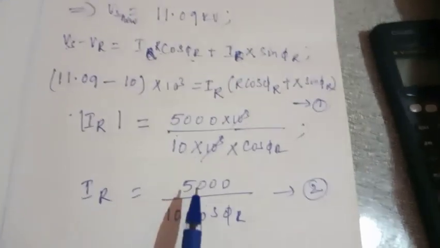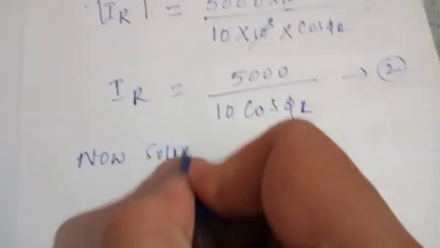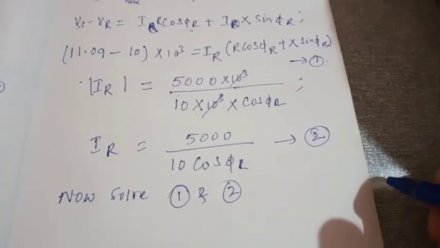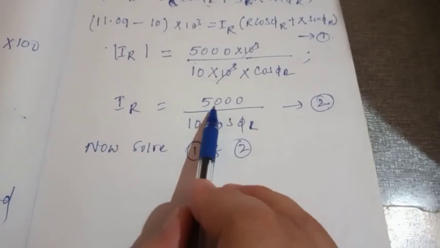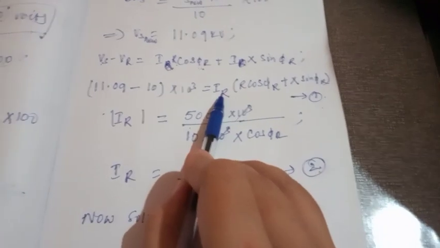Now let us solve equation 1 and 2. How can we solve? Now substitute this IR, 5000 divided by 10, that is 500 divided by cos phi r, here.